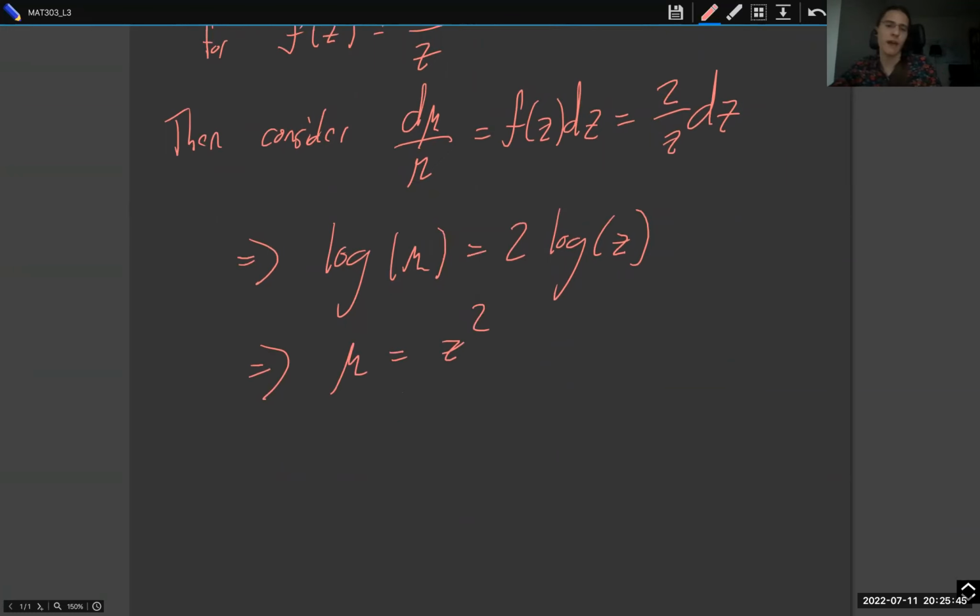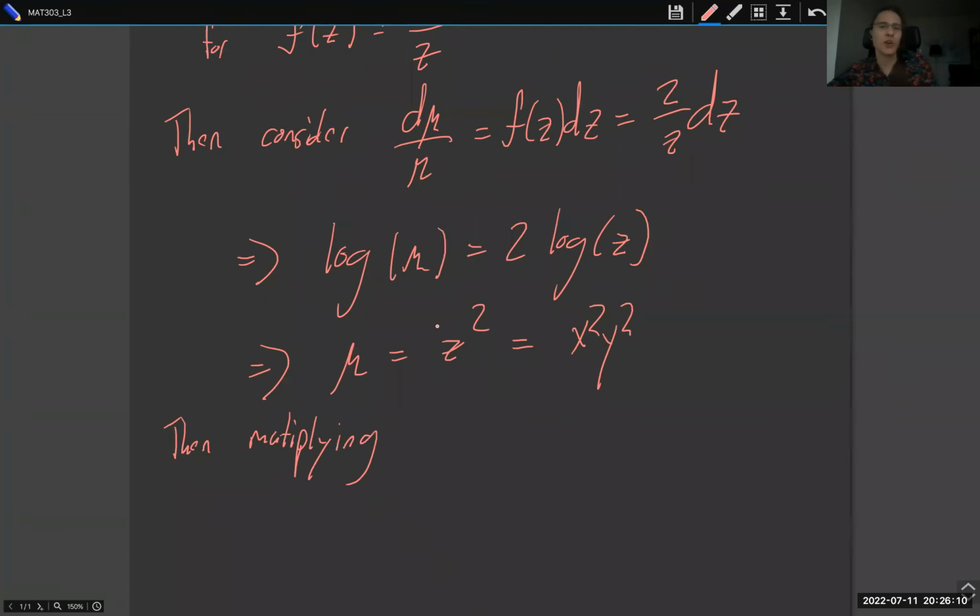So that's our integrating factor, which is equal to, because we don't want it in terms of z, we want it in terms of xy. So what is z equal to? xy. Yeah, so x squared, y squared. So our integrating factor is x squared, y squared. Then multiplying.